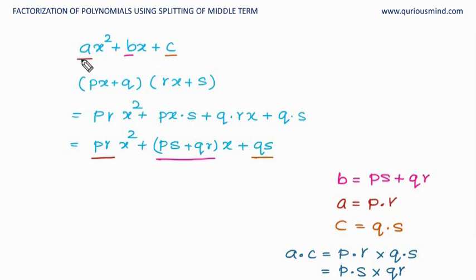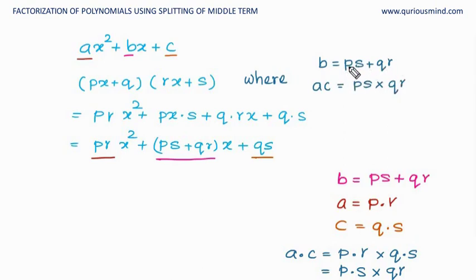So if we have a polynomial in the form ax square plus bx plus c, in that case we have px plus q and rx plus s as the factors, where b is equal to ps plus qr and ac, a multiplied by c, is equal to ps into qr.